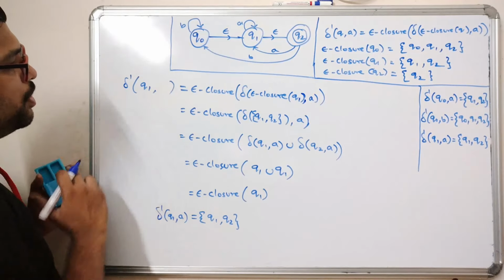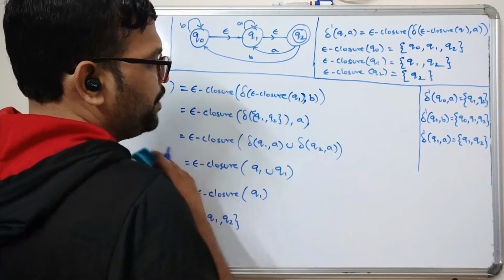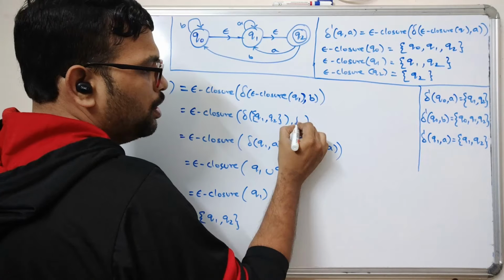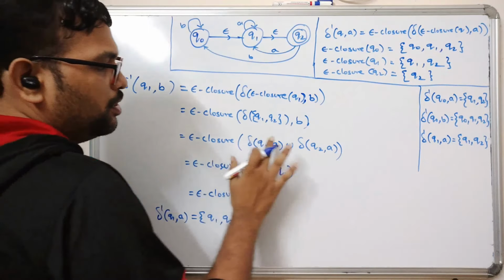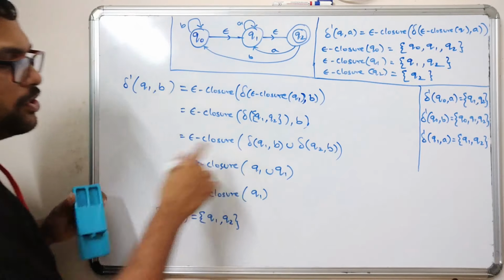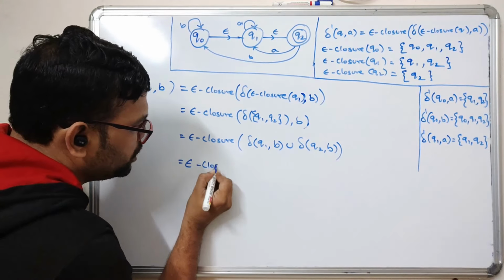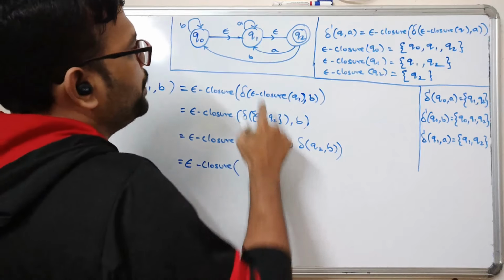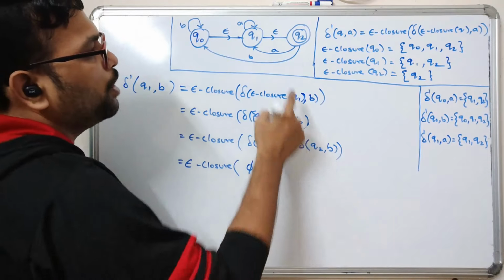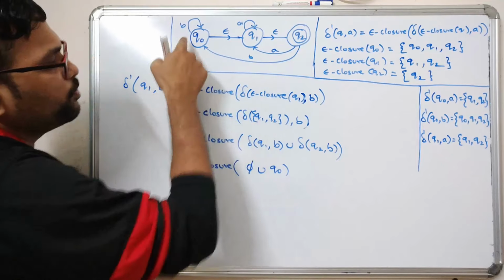Now just note down Q1 on B. And here you can write, epsilon closure of Q1 is nothing but Q1 Q2. So Q1 Q2 on B. Expand it: Q1 on B and Q2 on B. So epsilon closure of Q1 on B: there is no transition, union Q2 on B. Q2 on B again is moving towards Q0.